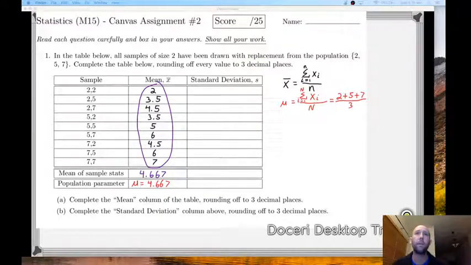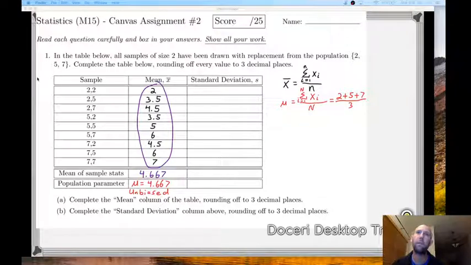So by taking the mean of all of the sample means, we ended up with the population mean. That's telling us that the mean is an unbiased estimator. We can use sample means to come up with an unbiased estimate of the population parameter.